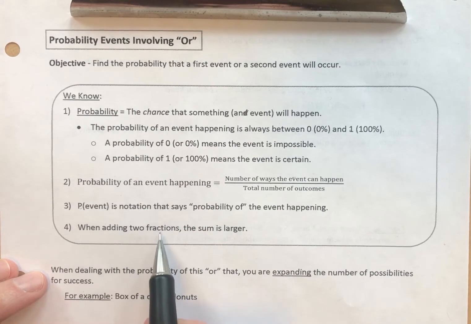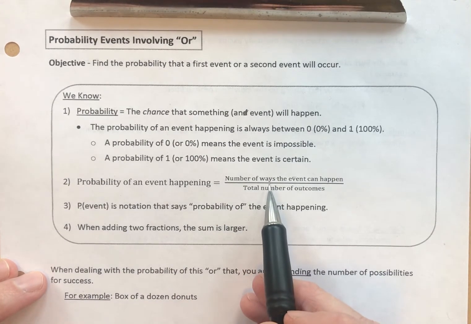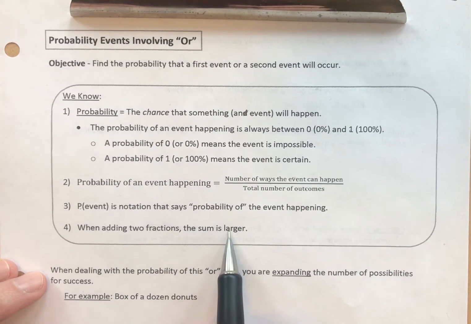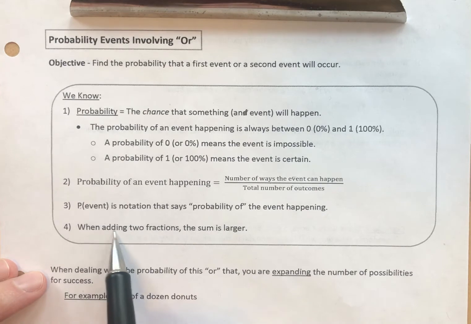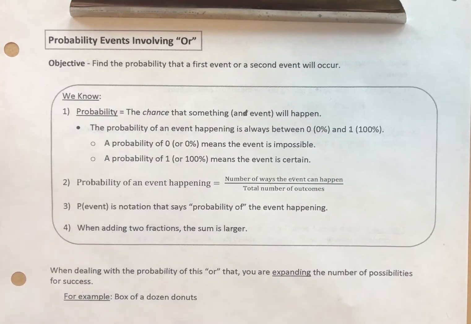When we add two fractions, and of course with probability they'll be proper fractions, the sum, the result, is always larger. So the sum of two fractions leads to a larger fraction.